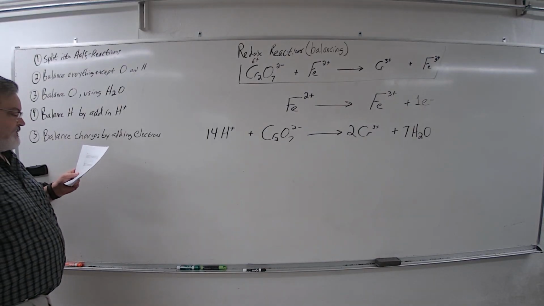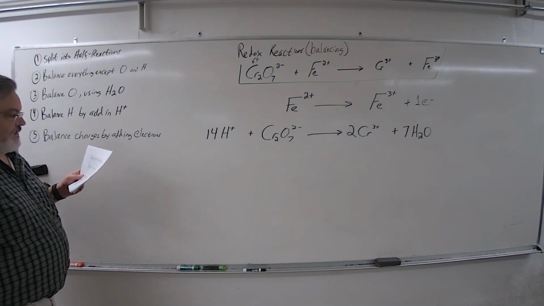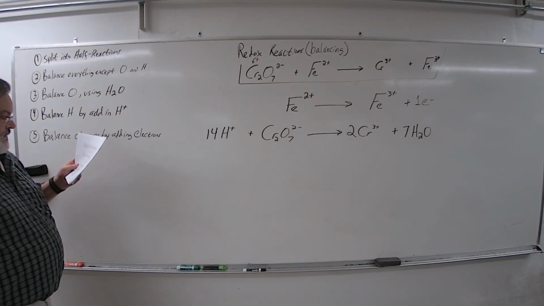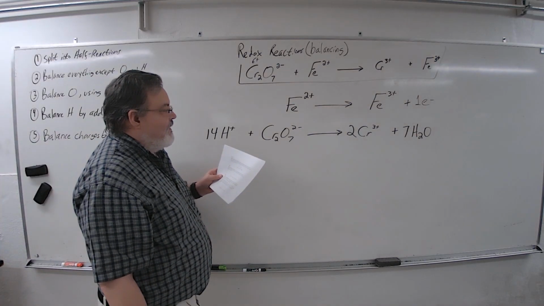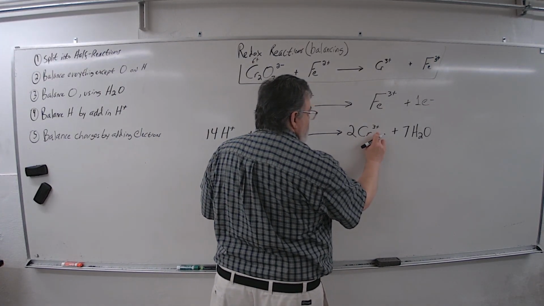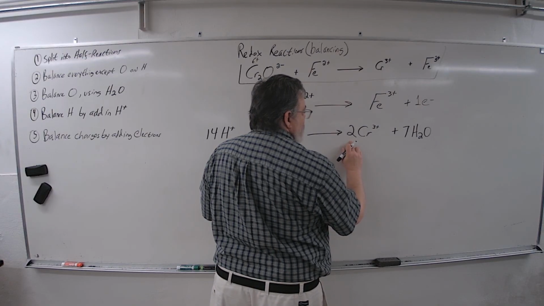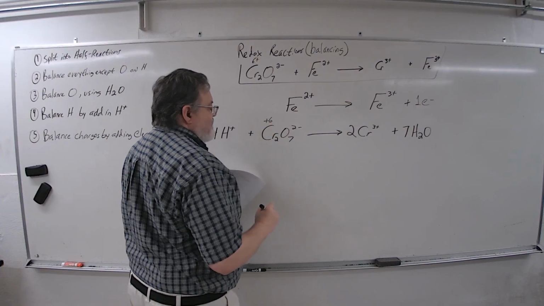Plus 2, minus 12. I'm looking at the wrong spot. So chromium here is plus 3, and I've got 2 of them. So how many electrons? This was plus 6.